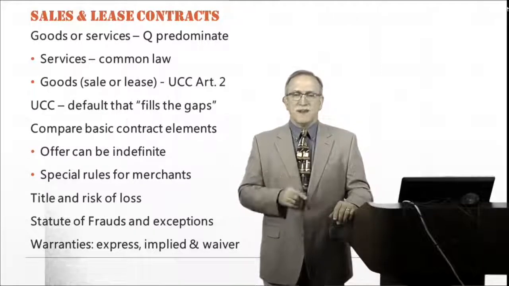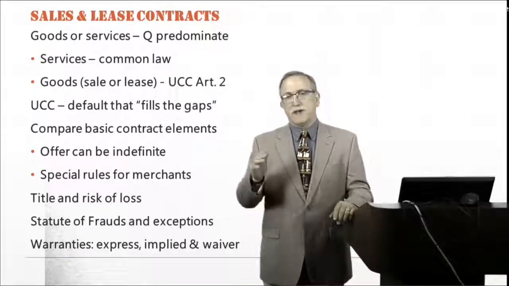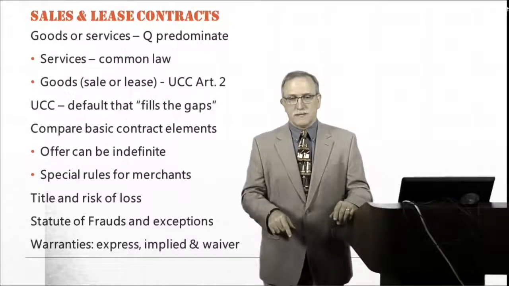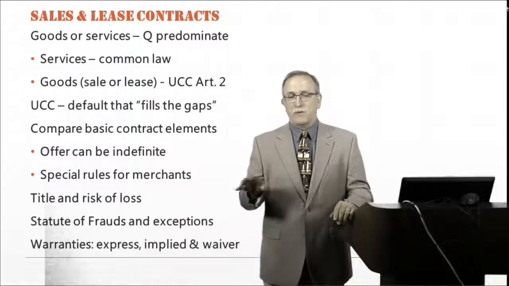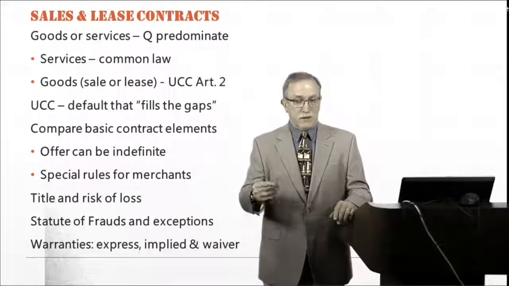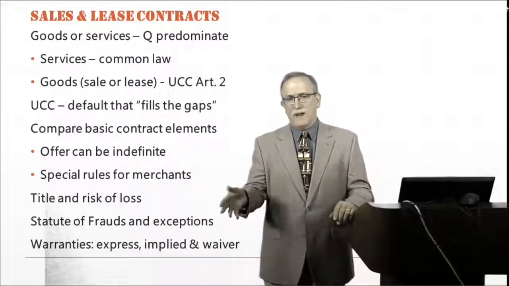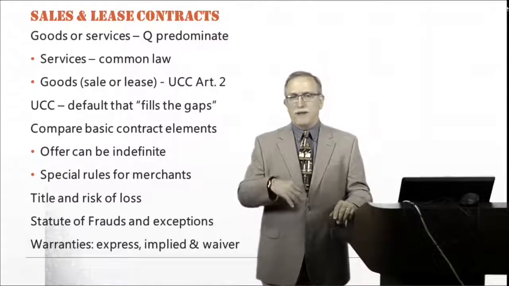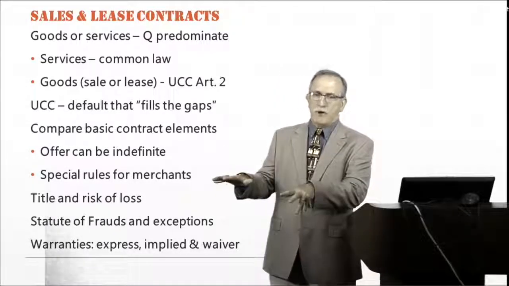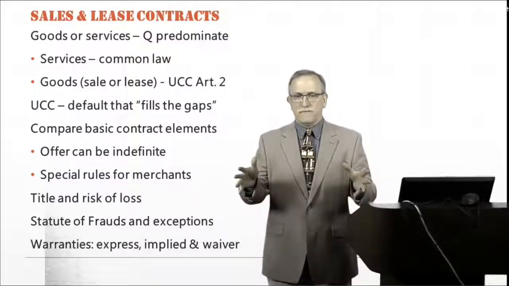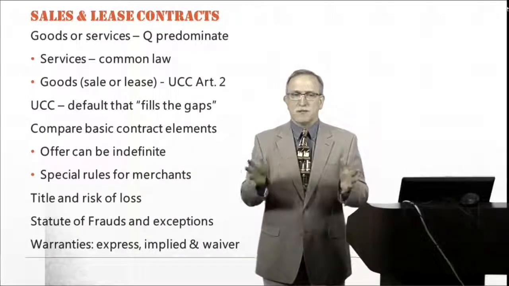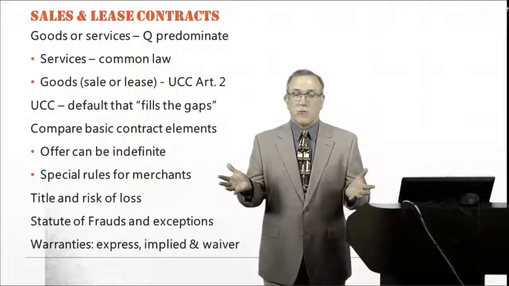Why does this make any difference in the world? Is that sales contracts have warranties. The Uniform Commercial Code imposes certain warranties. Warranties are guarantees. Now, these can be waived, and like everything else in the law, we have a rebuttable presumption. But that's at the end of the rainbow why you should even care about whether a contract is a sale of goods or services: this issue of warranties.